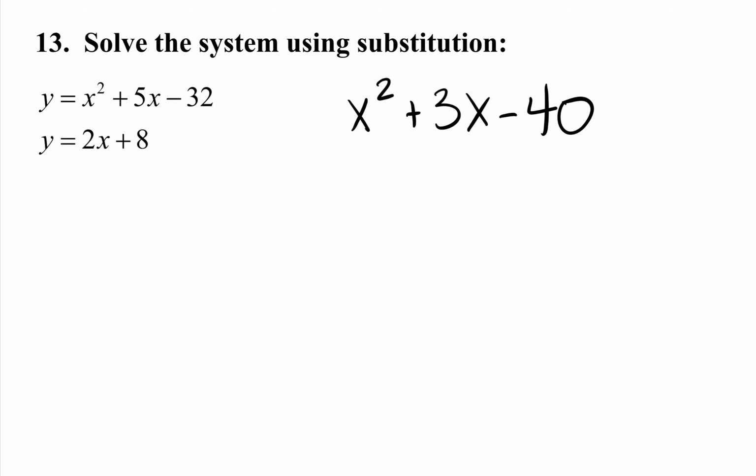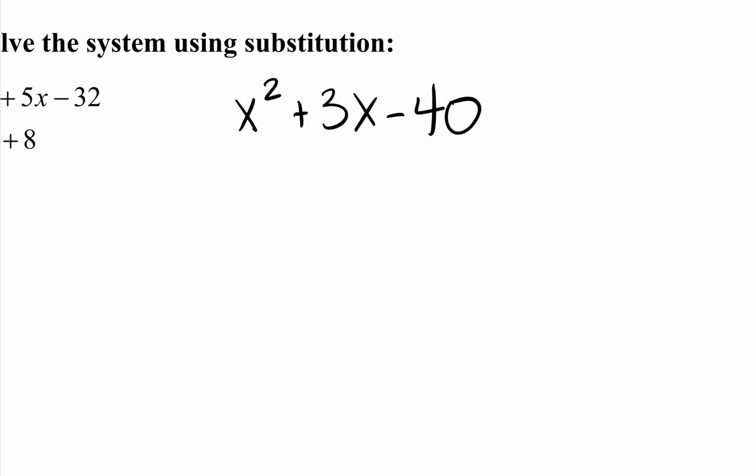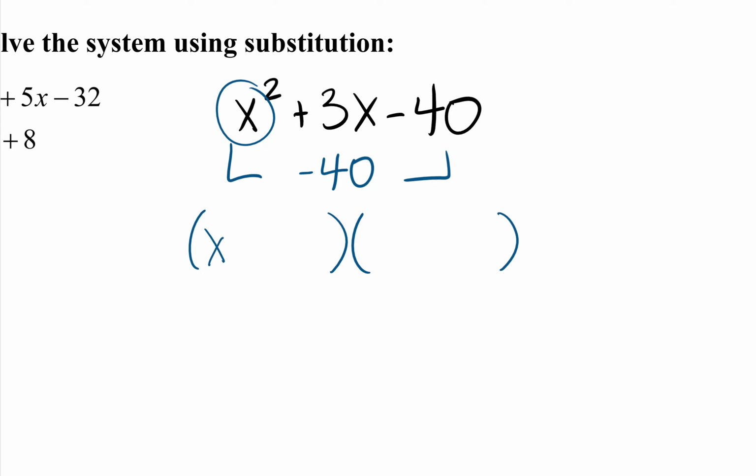Okay, now I want to solve, right? So from here I can go ahead and factor. We've been doing that. So factored, first times last. I know I'm going to have 2 parentheses, and my first x is just x, so that'll make it a little easier. So I need 2 numbers that multiply to negative 40, add to positive 3.